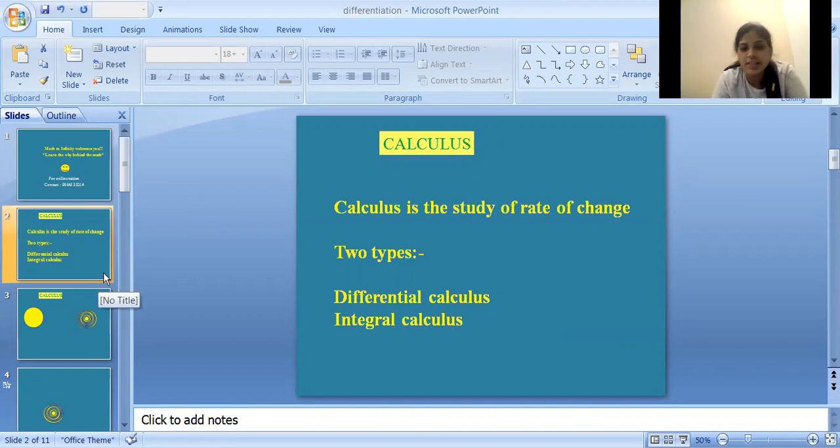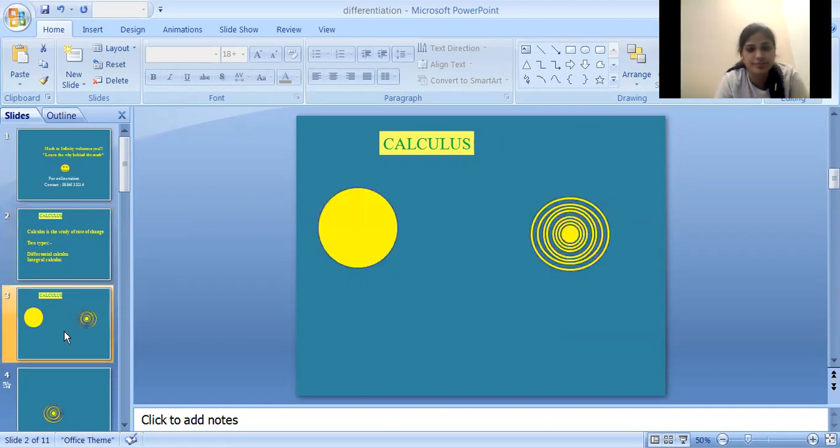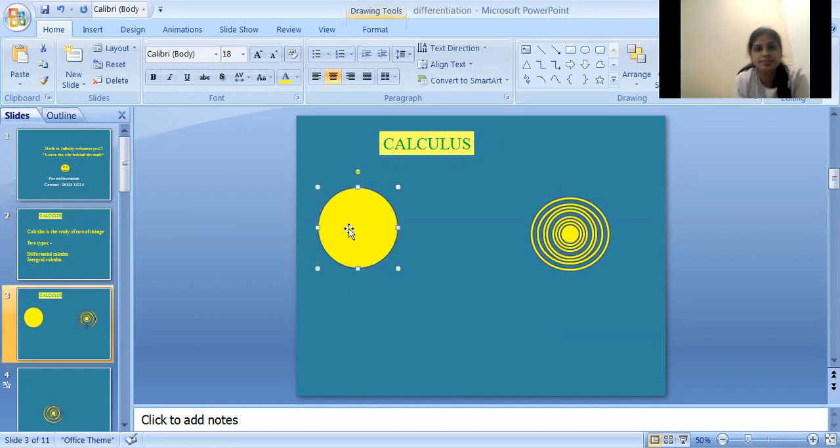So in today's class, we are going to derive the area of the circle with help of differential calculus as well as integral calculus. Let me annotate. So there is a circle.